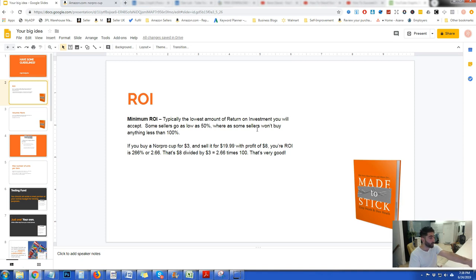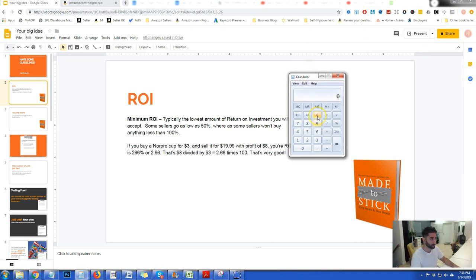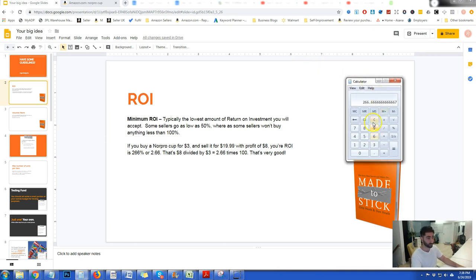Now our ROI is going to be $8, which is our profit, divided by the $3 that we paid for, so it's 2.6, right? That's the return on our investment. We bought it for 3, we made 8. 2.6 times 100, 266%, which is good, right?